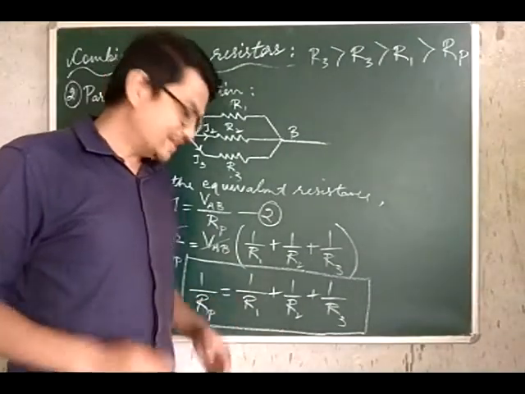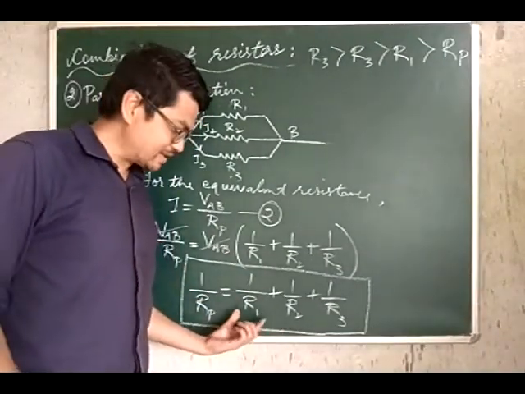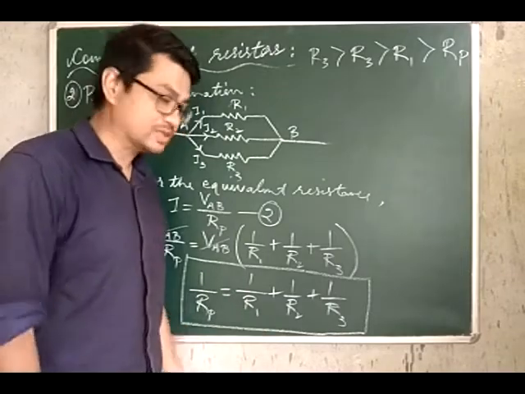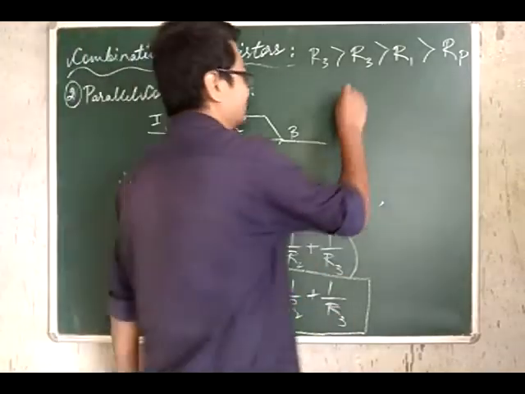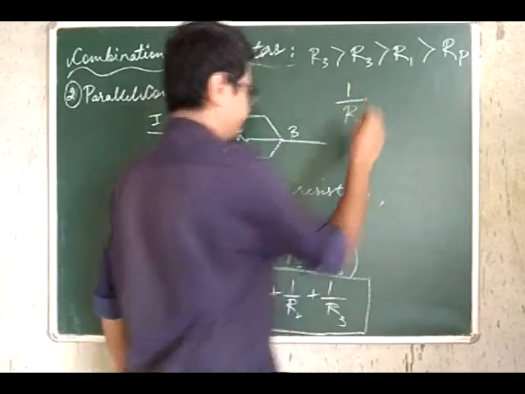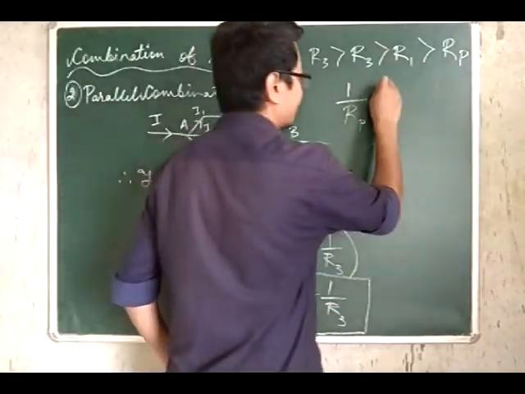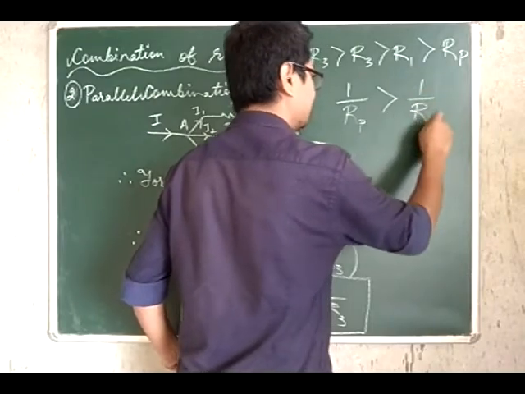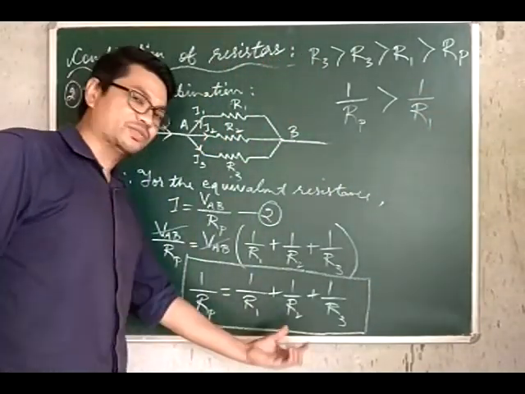To see this, from this expression we can write 1 by RP is greater than 1 by R1, since 1 by RP is the sum of these three.